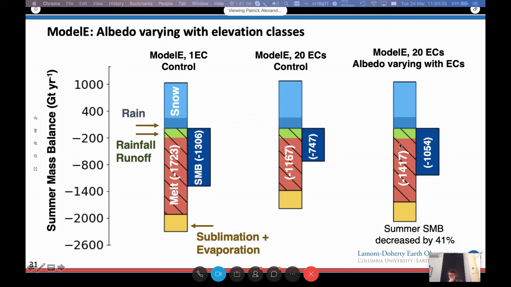So you'll see that when we added elevation classes, we reduced melting, but then we increased it when we add this effect. So you might ask, what's the point of doing this? Because you just go back to the same place where you started. But basically now we're able to simulate more realistic simulations.